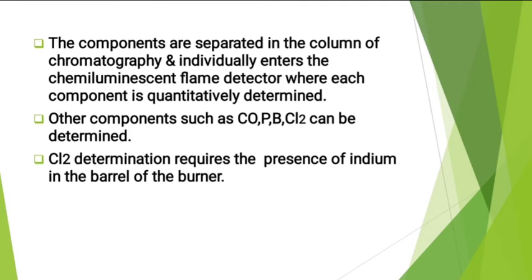The components present in the pollutants are carbon monoxide, phosphorus, boron, and chloride, which can be determined. Cl2 determination requires the presence of indium in the barrel of the burner.